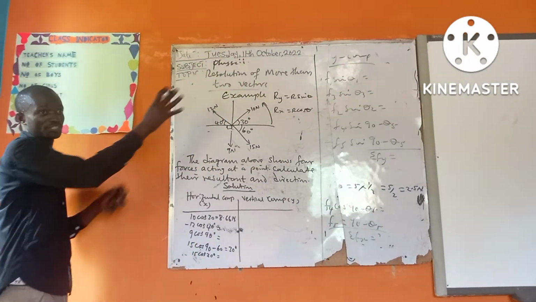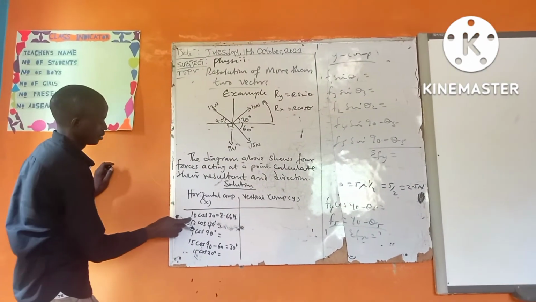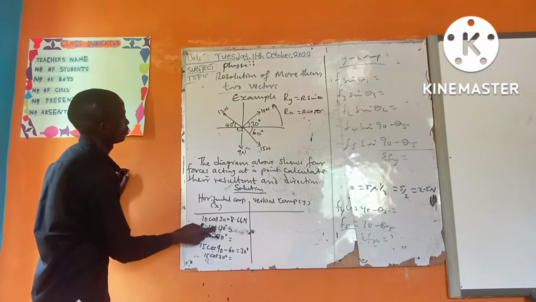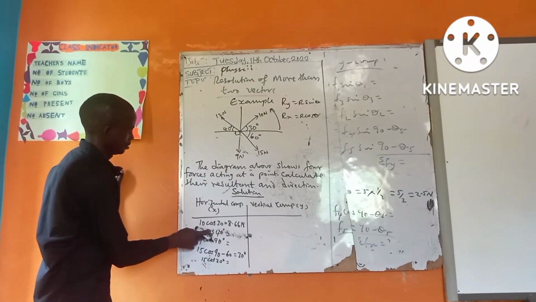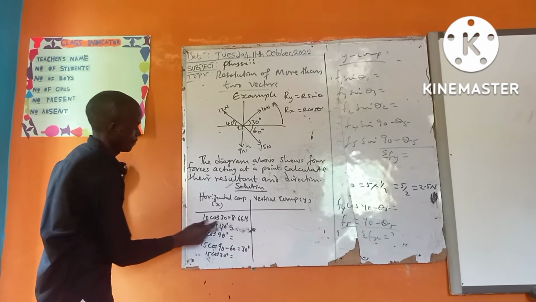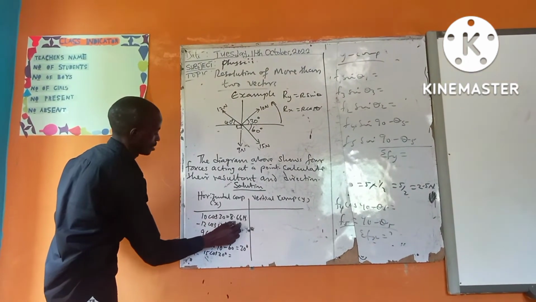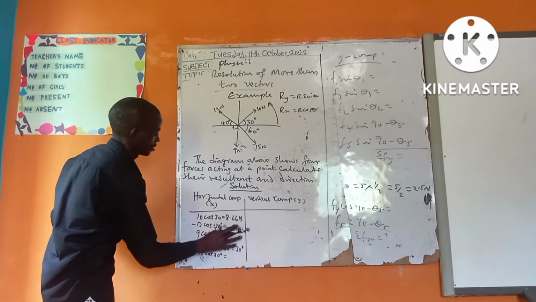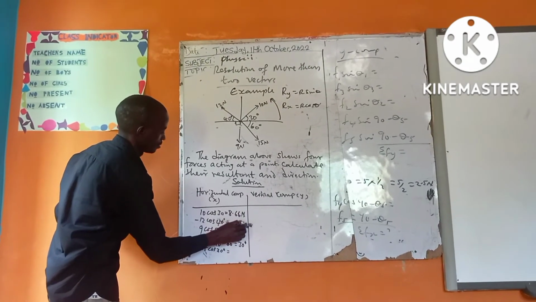You remember all the forces are expressed in Newton. Cos 40 is 0.7660 times 12. So it gives us 9.19 Newton. That's minus 9.19 Newton.